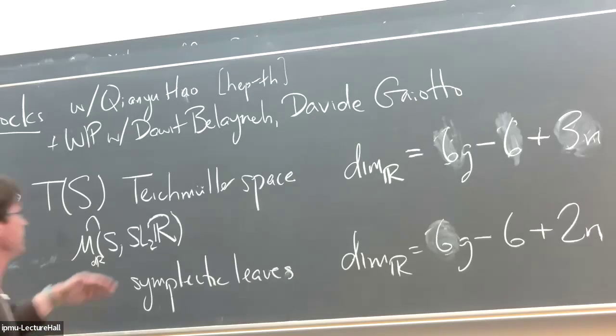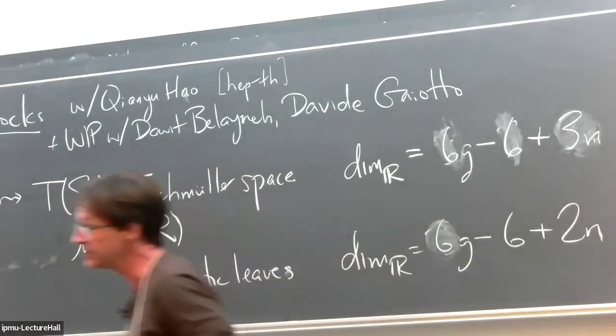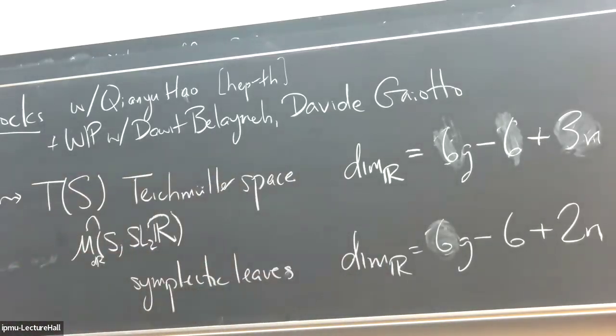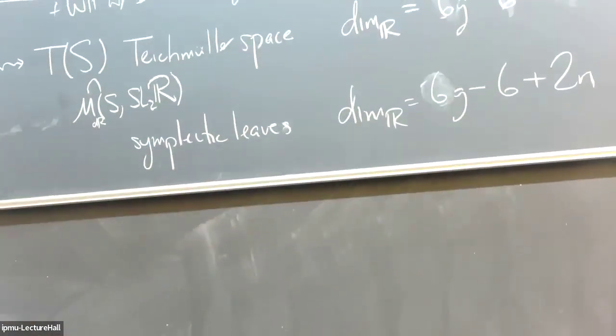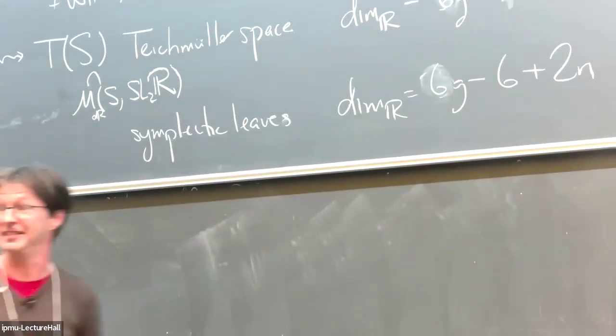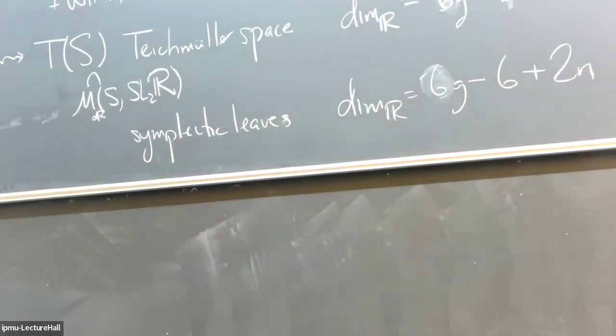Okay, so we have this nice Poisson space, or family of symplectic spaces, associated with the surface. And when we have a symplectic space, it's a natural question, at least as physicists, we always want to try to quantize it. So is there some natural quantization of Teichmüller space? What would it mean to have a quantization?